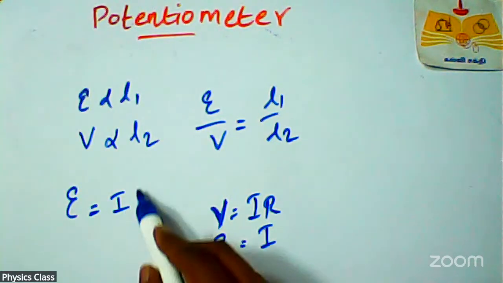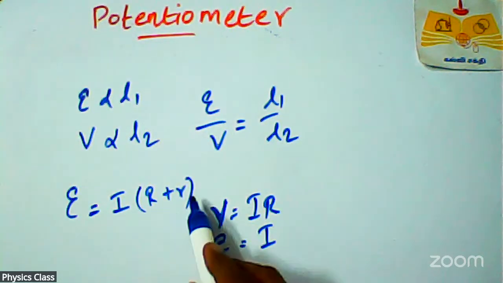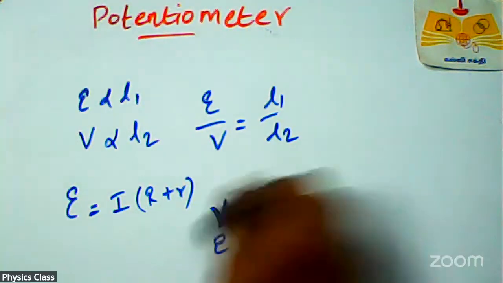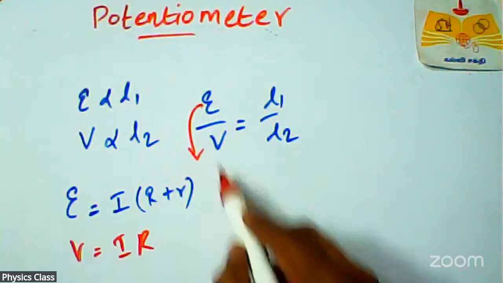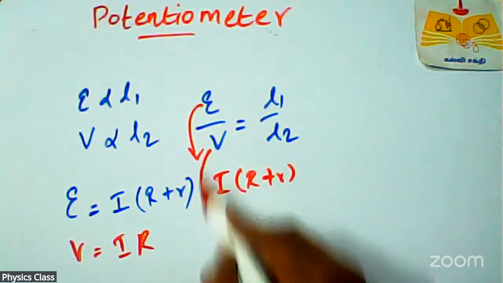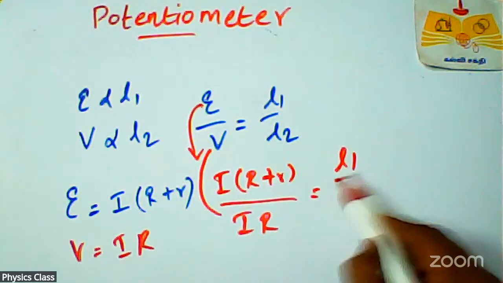But the cell has another resistance, that is the internal resistance, so we should add a small r here like this. Okay. So E is equal to I into (R plus r). Clear? Right. And V is equal to IR by Ohm's law. So for E, I into (R plus r), for V, IR, which is equal to L1 by L2.